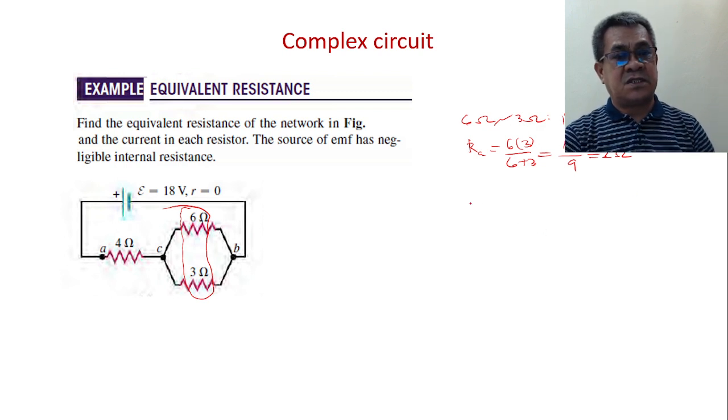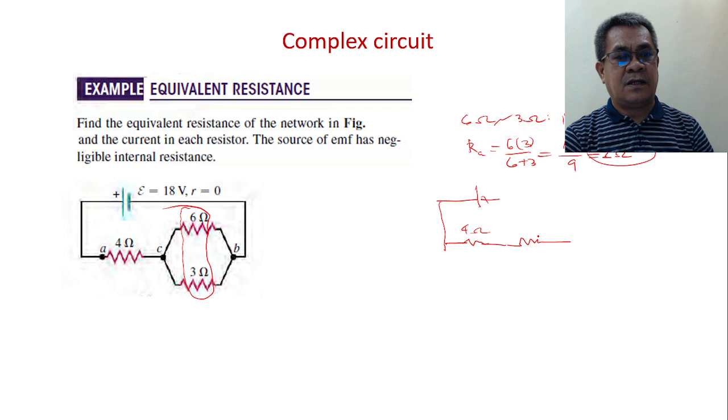Which means that the complex circuit now becomes simple. Okay? From complex, this is 4 ohms, and the 6 and 3 are combined into one, and this is now 2 ohms.